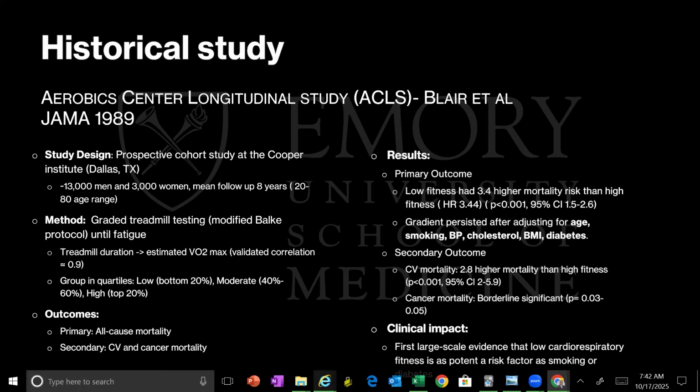Looking at the secondary outcome, it seemed to be mainly driven by cardiovascular mortality. Cancer was there, but it was borderline significant, so I wouldn't put that as a piece that drove it to the next level. But the cardiovascular mortality was the big thing that led them to say, hey, this is something significant that we should think about.